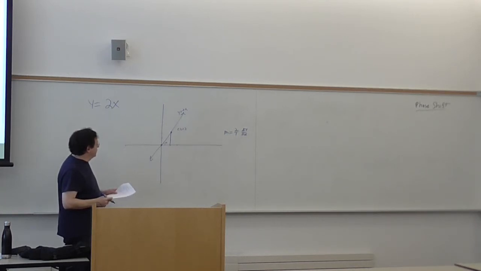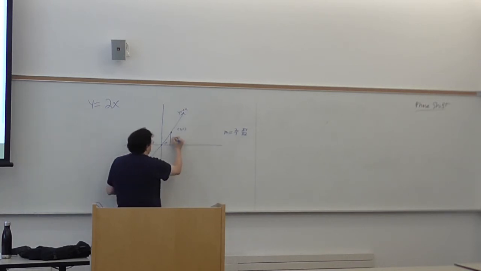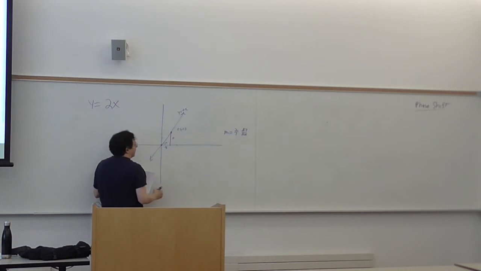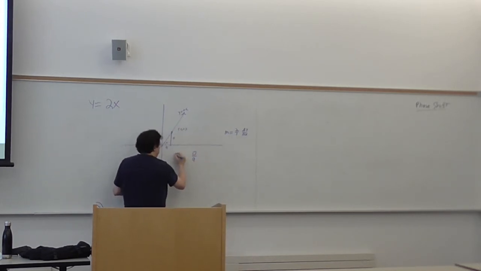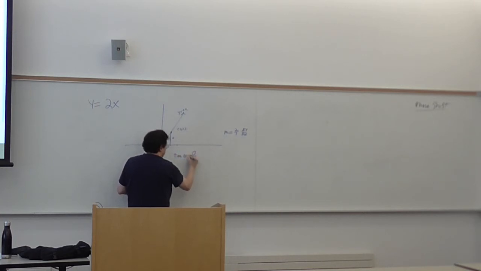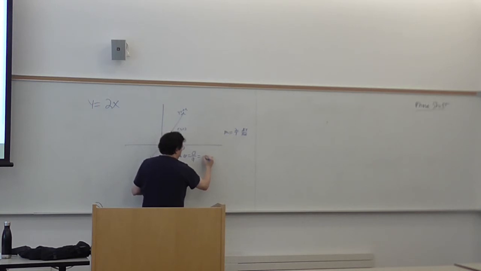I say to myself, I've got an opposite and an adjacent here. What's the opposite over the adjacent? That's my tangent of theta. And coincidentally, that's 2.